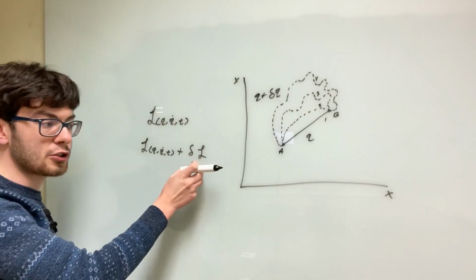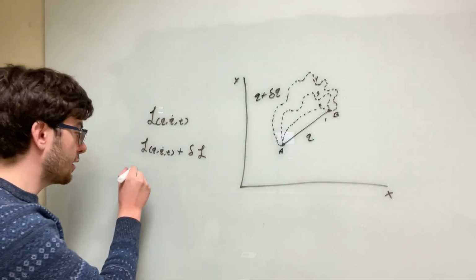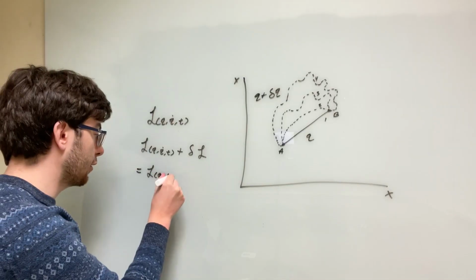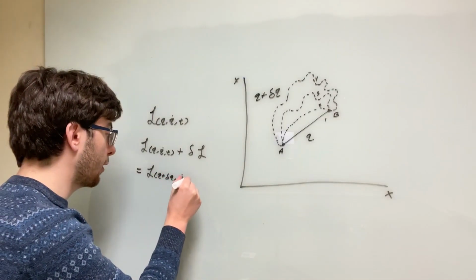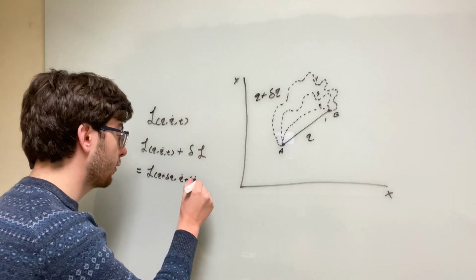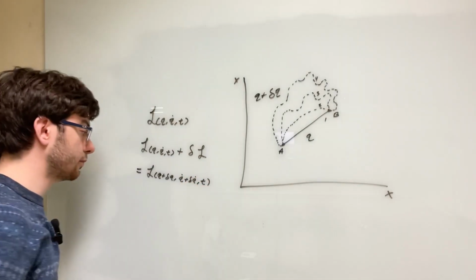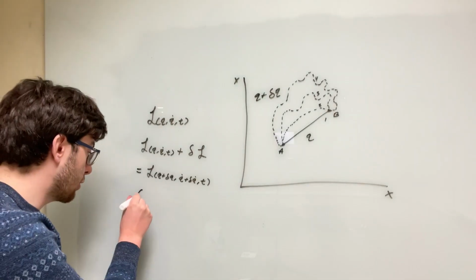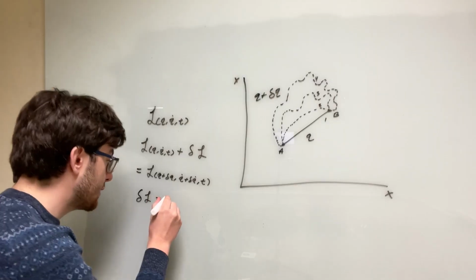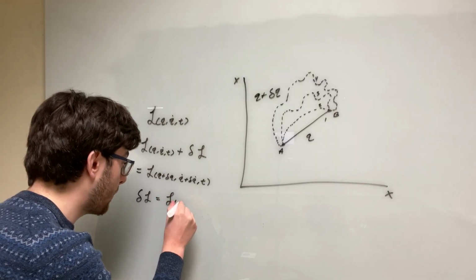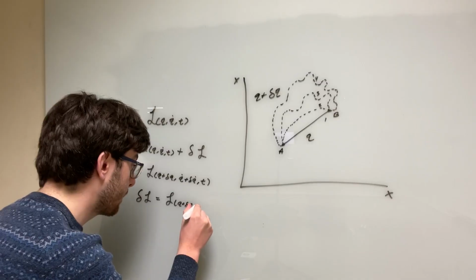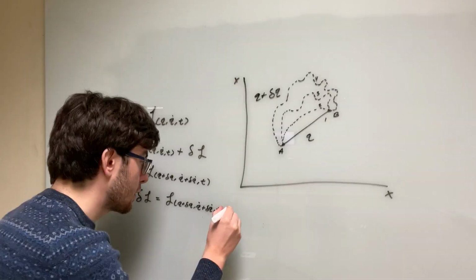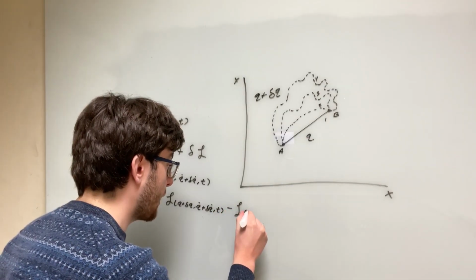So here we have the variation in the Lagrangian, and this is equal to a Lagrangian whose variables are q plus delta q, q dot plus delta q dot, and t. This means that the variation in the Lagrangian is equal to the Lagrangian of the hypothetical paths minus the Lagrangian of the true path.